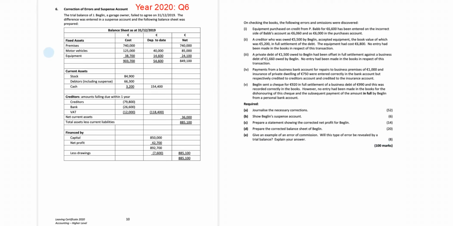So as they always start off in a 100 marker, we're given a balance sheet and we're told that the trial balance of a company failed to agree at the 31st of 12, 2019. Now, an important thing to take here is that this guy is a garage owner. And what that essentially means is that a lot of the things we'll be looking at, if it's a purchase of a vehicle, can be to do with purchases rather than a fixed asset.